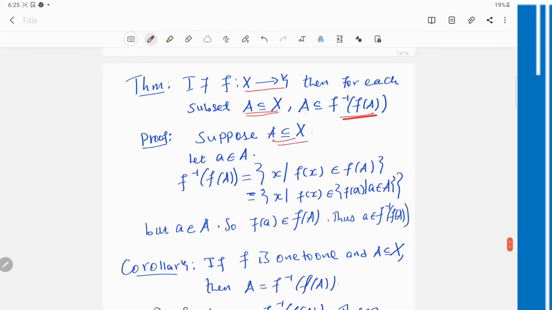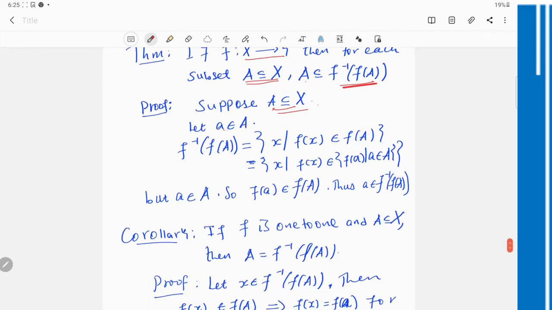Now let's suppose we have given that A is a subset of X, and let's take any element a from A. By definition of inverse image, we define this as the set of x such that f(x) is an element of f(A), which means f(x) is in the set containing f(a) such that a is in A.